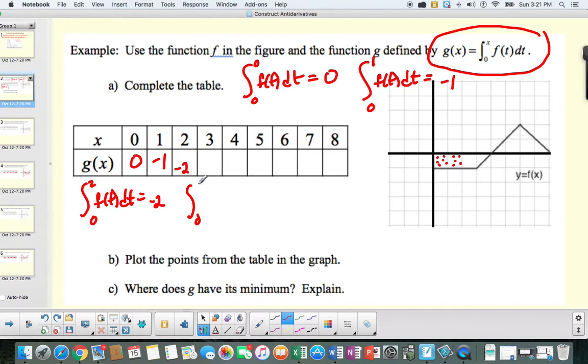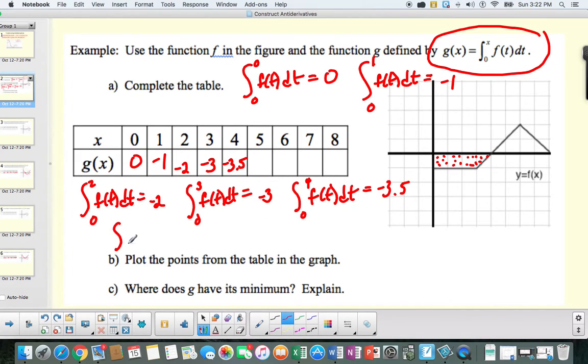Area from 0 to 3 of f of t dt, which means I'm going to go from 0 to 3, and that'll be -3. 0 to 4 of f of t dt, and I'm going to accumulate just a little bit more area to make this -3.5. Okay, now I want to go from 0 to 5 of f of t dt.